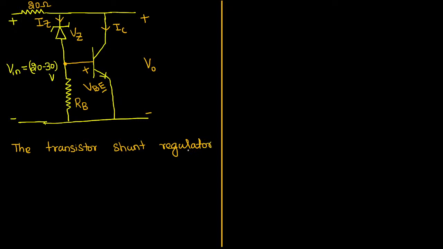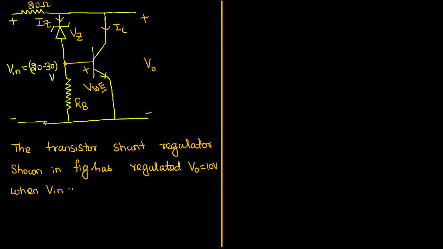The transistor shunt regulator circuit shown in the figure has a regulated output voltage V0 equal to 10 voltage when the input voltage Vin varies from 20 to 30 voltage. That is the given data.